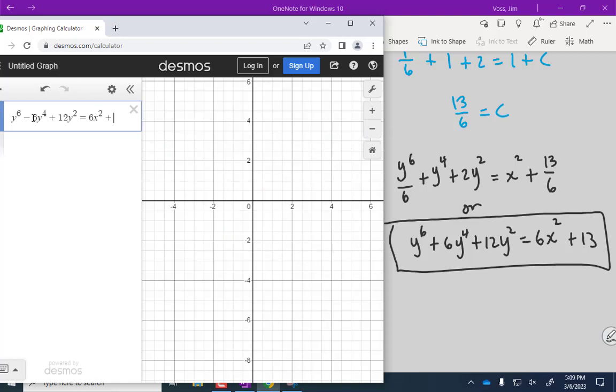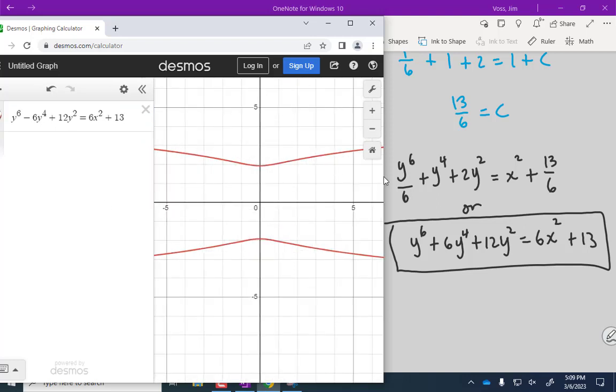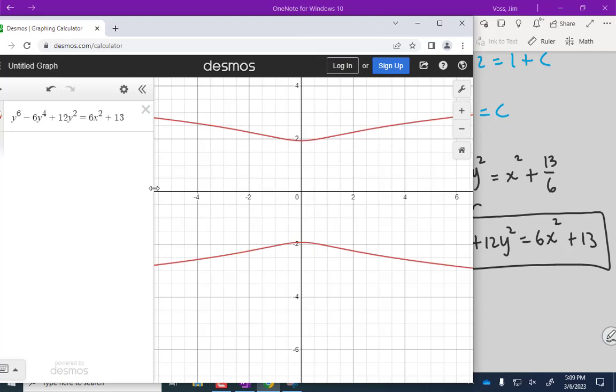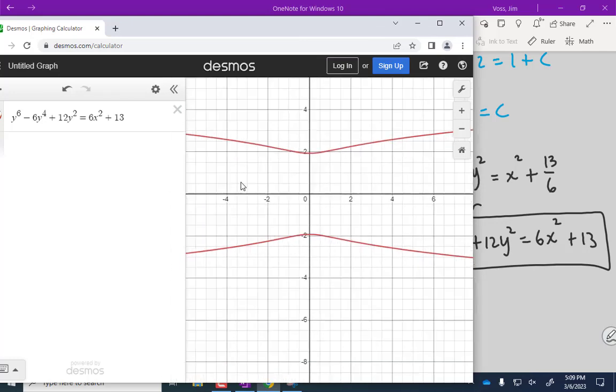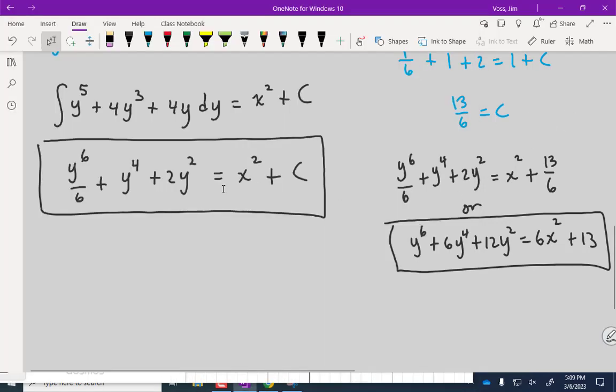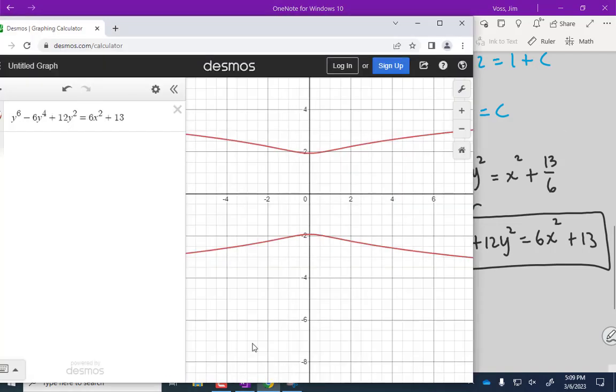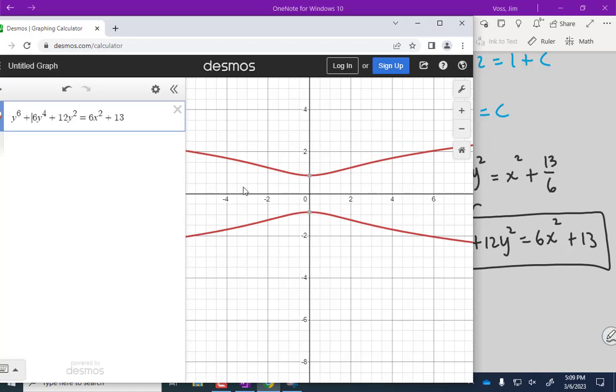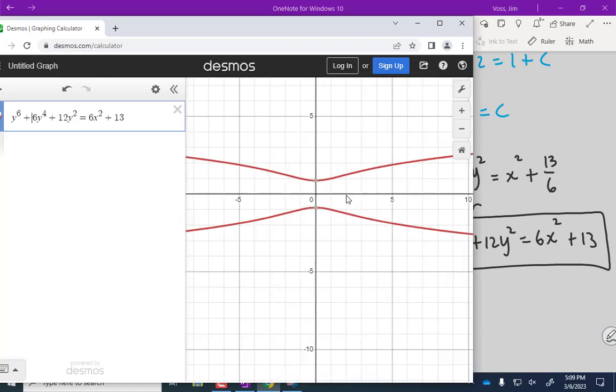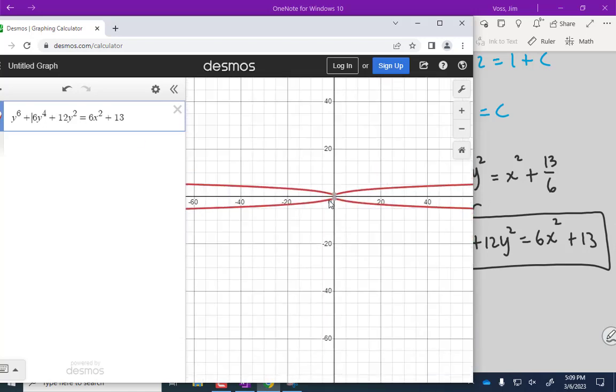All right, so there is a picture of our curve. Negative on that 6y to the 4. Is it a positive? Thank you. Now what's it going to do?